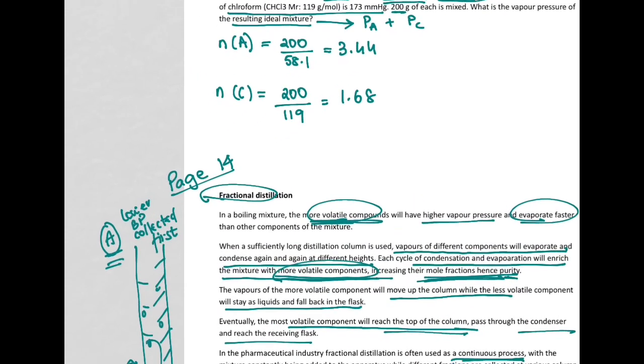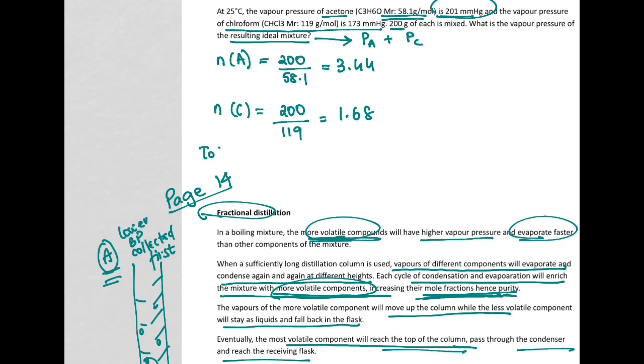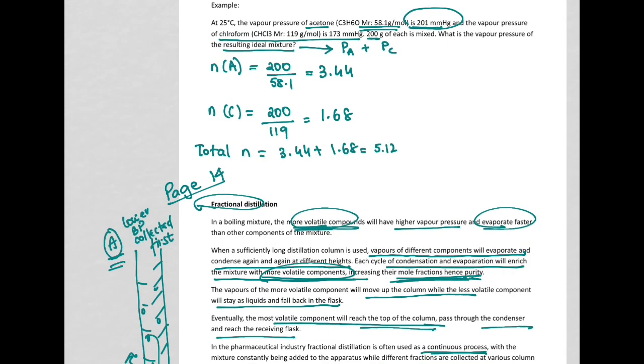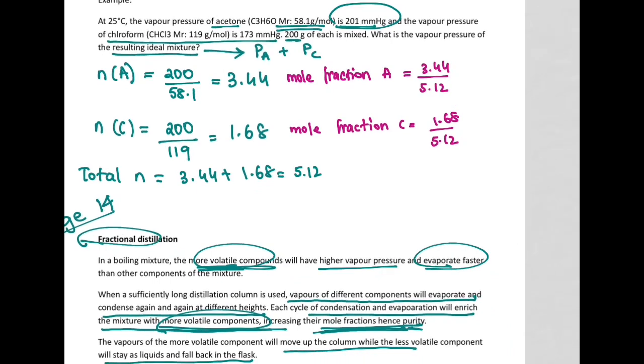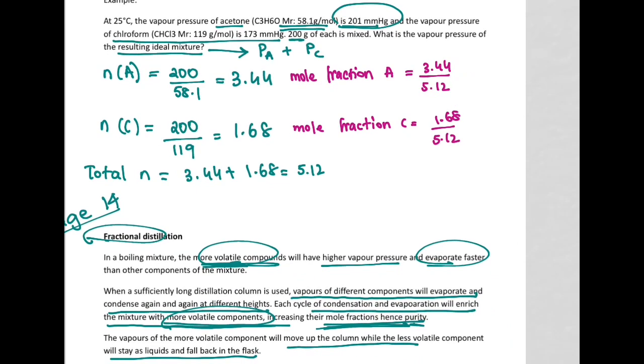Now from this, we can get the total number of moles, which is the sum of these two values. Then the mole fraction of A would be the number of moles of acetone divided by the total number of moles. And similarly, the mole fraction of chloroform would be the number of moles of chloroform divided by the total number of moles. You can calculate this or you can leave it as it is.